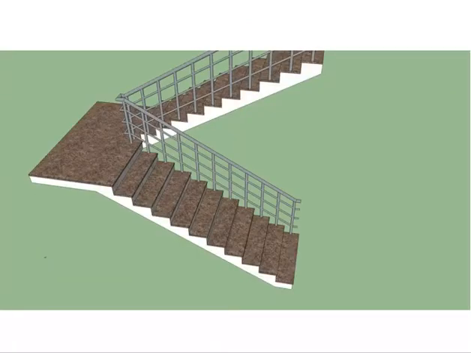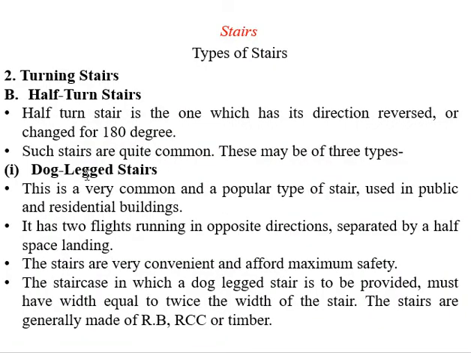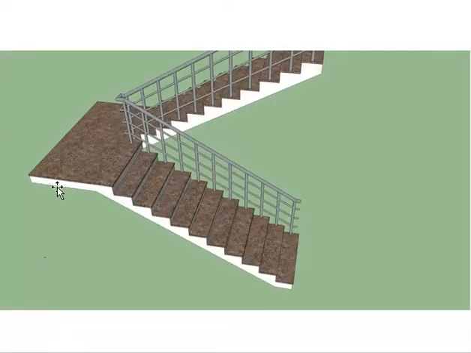Let's see, the first type is a dog-legged stair. In this type of stair, you are going to take a turn of 180 degrees. So this is an example of a dog-legged stair. You will go up, this is the landing portion, and then again you will go up from this portion.